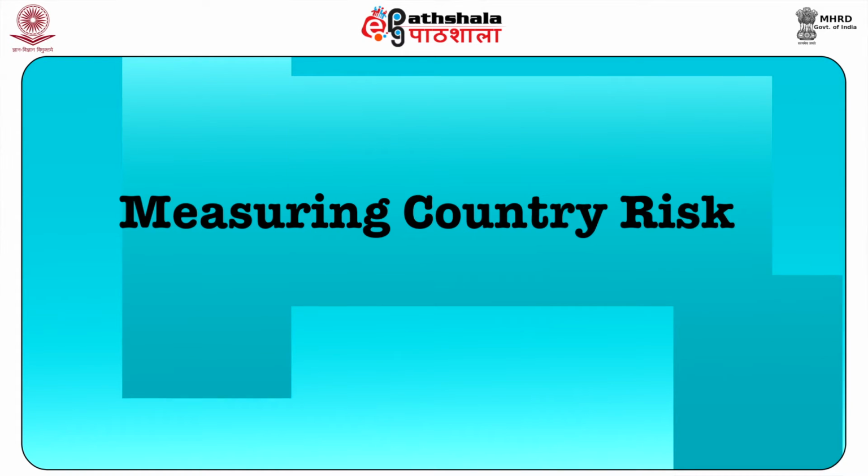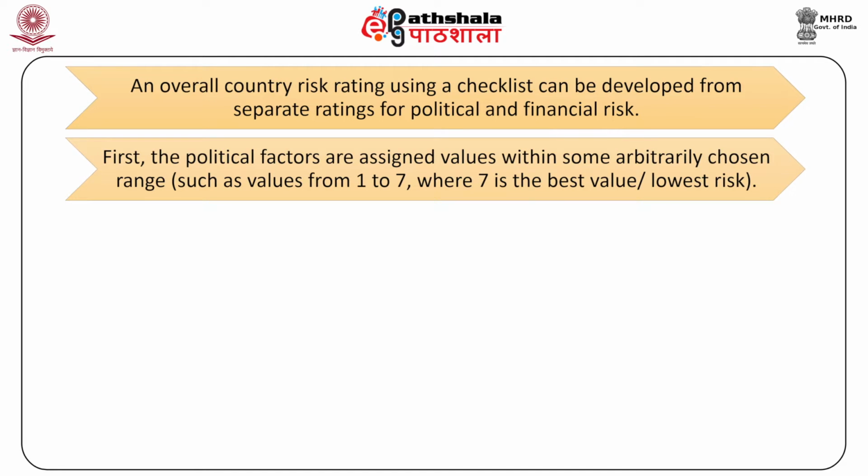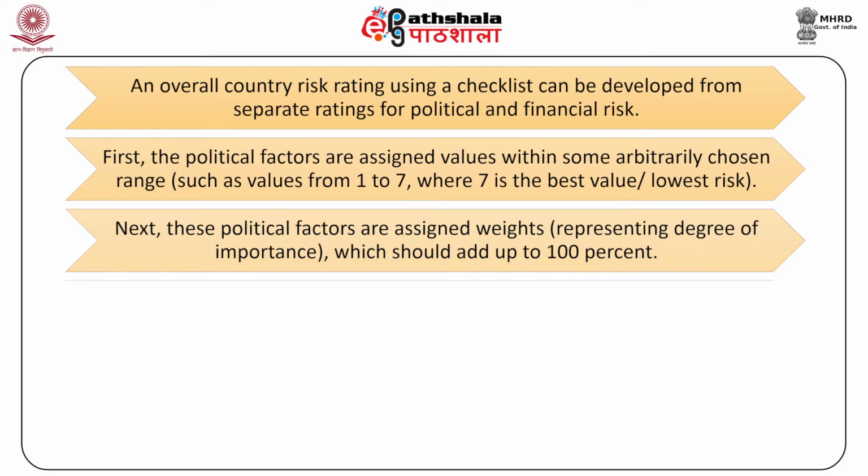Measuring country risk. An overall country risk rating using a checklist can be developed from separate ratings for political and financial risk. First, the political factors are assigned values within some arbitrarily chosen range, such as values from 1 to 7, where 7 is the best value and lowest risk.